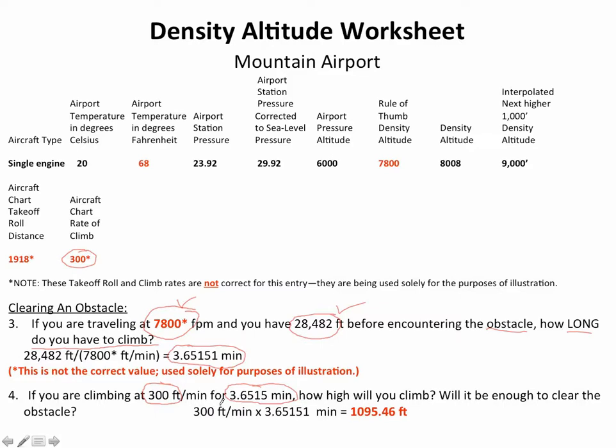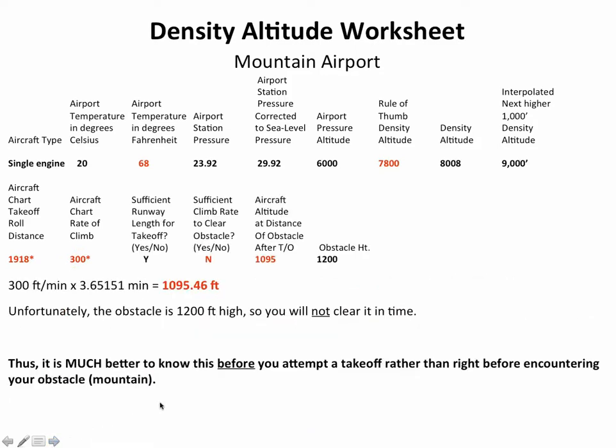Well, it's your climb rate times the time that you're climbing, and you find out that it is 1,095.46 feet. But the obstacle is at 1,200 feet, and you're only going to be at 1,095.46, so you're not going to clear the obstacle.